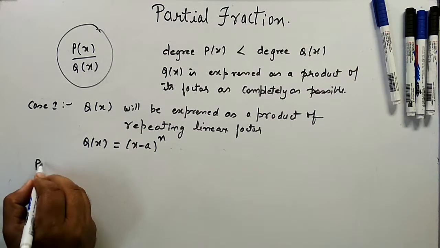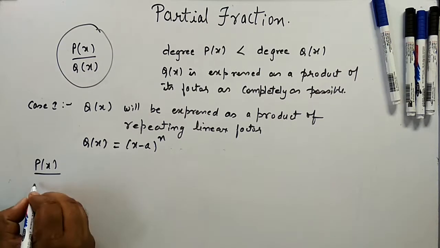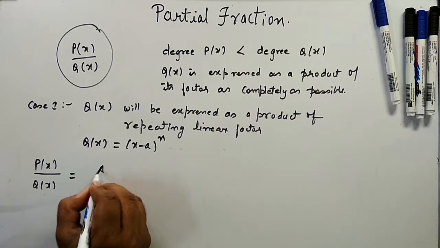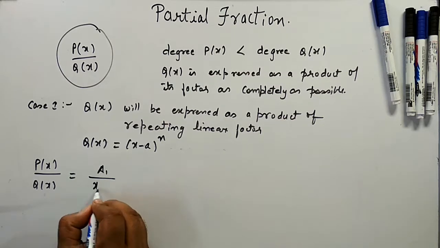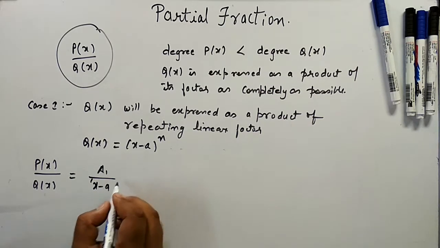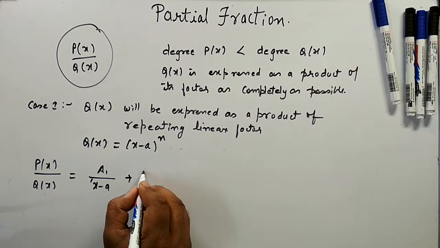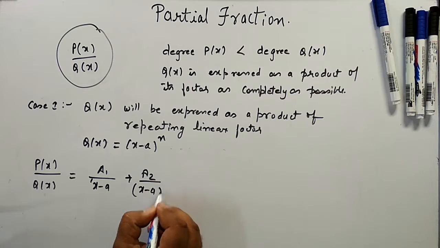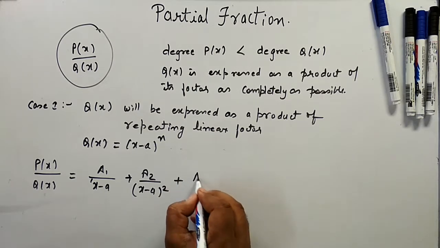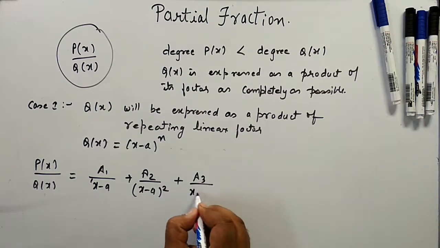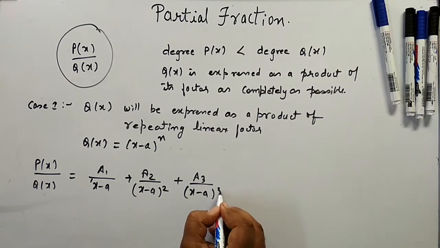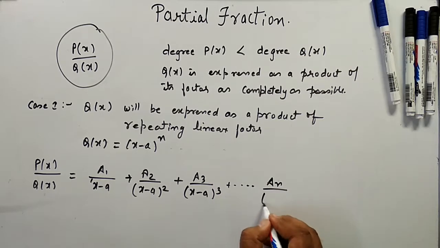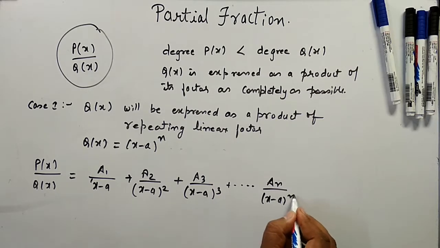So the partial fraction form of p of x by q of x will look like a1 by x minus a plus a2 by x minus a whole square plus a3 by x minus a whole cube plus an by x minus a to the power n.